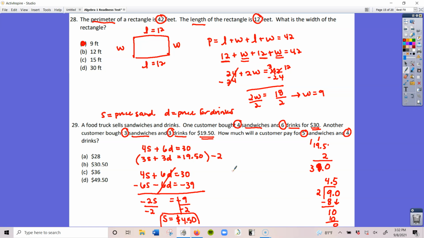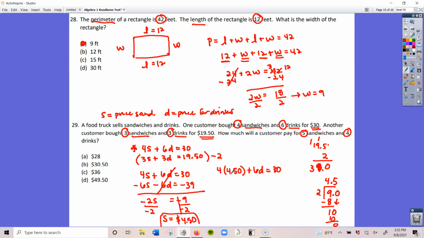To figure out the cost of the drink, once you have one variable, you take any of the original equations and you plug it in. So let's plug it into the top equation. You could also plug it into the bottom equation. It does not matter which one. So I'm going to plug it into the top. 4 times 4.50 plus 6D is equal to 30.